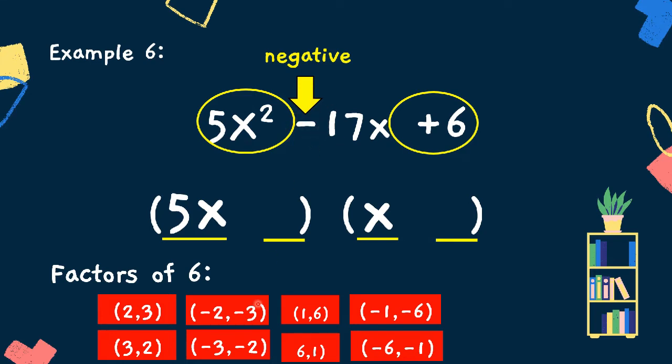So it is not possible for us to have positive factors. The positive factors are disqualified, such as 2 and 3, 3 and 2, 1 and 6, and 6 and 1, since they will not give us a negative outcome. So here we will try first negative 2 and negative 3.